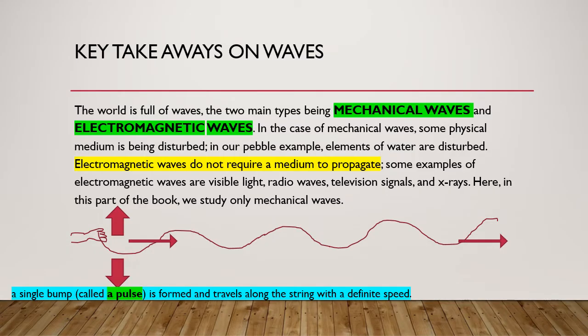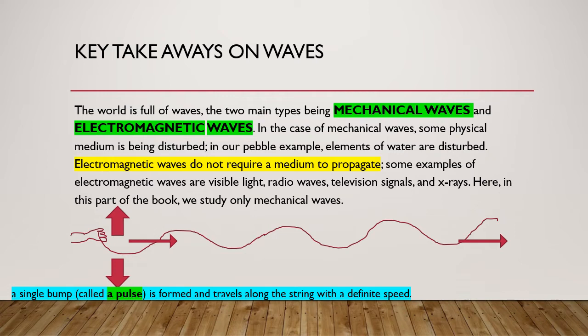The world is full of waves. The two main types being mechanical waves and electromagnetic waves. In the case of mechanical waves, some physical medium will be disturbed. In our feeble example, elements of water are disturbed.